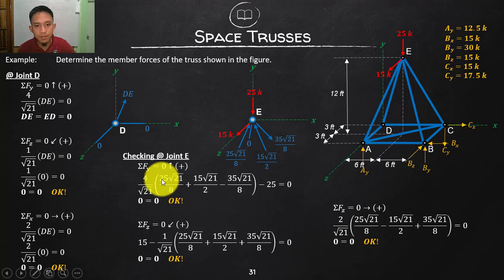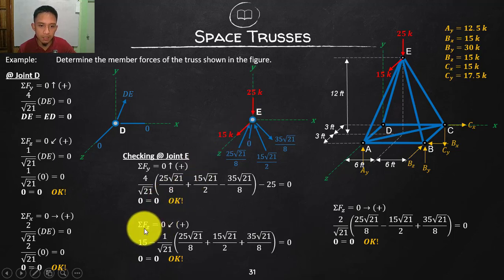So 25 plus 60 will give us 85. Minus 35 will be 50. 50 over 8 times 4. Do not forget there's still a 4 there. 200 over 8. 200 divided by 8 is 25. Minus 25 is 0. Or you can do it by calculator if you want. So we satisfied equilibrium along Y in your joint E.